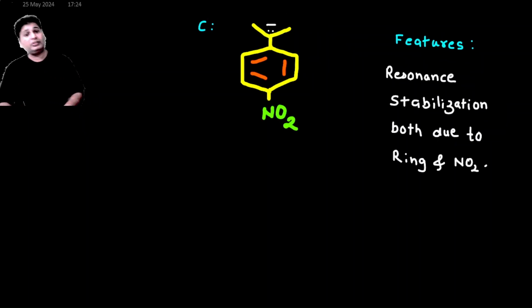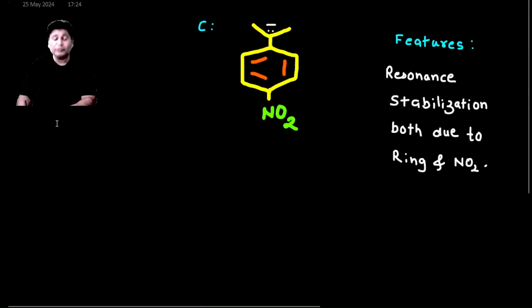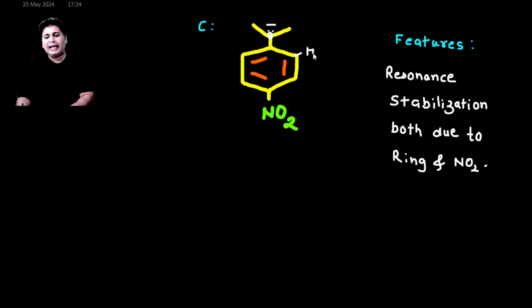Now coming on to the C carbanion. If you see, C has got lots of merit. First of all, as you can easily witness, this carbanion does not face any trouble from the 2 ortho positions, because the tiny hydrogens are there, they pose no SIR effect.